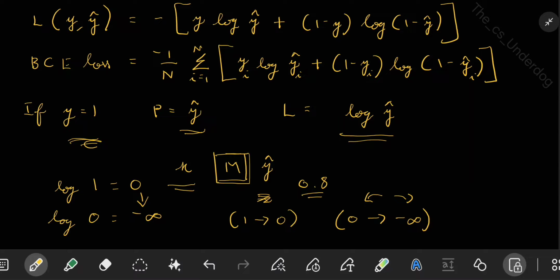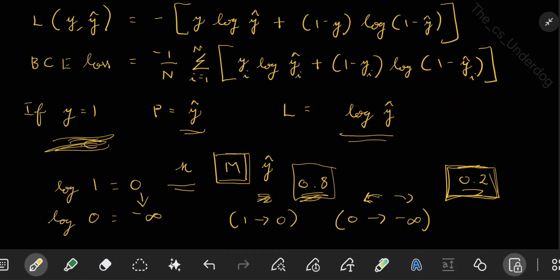Instead, if my model outputted 0.2, then 0.8 is a better output than 0.2 because I know it is belonging to class 1. My model is saying 0.8 as probability, which means 80% probability. That is a better output than saying 20% probability. You agree with this?